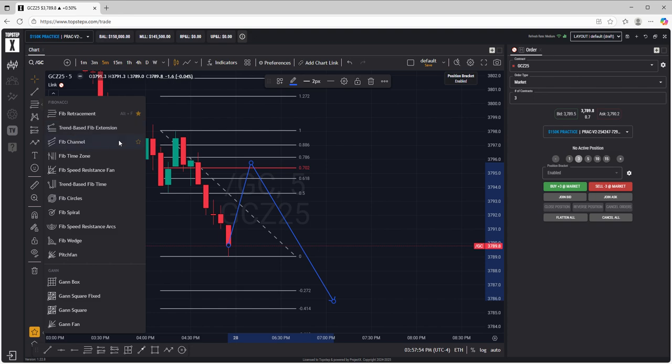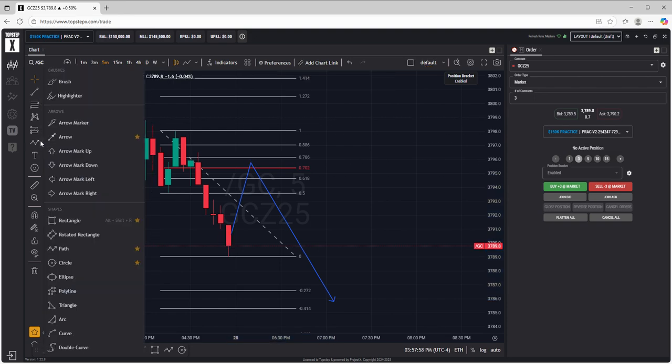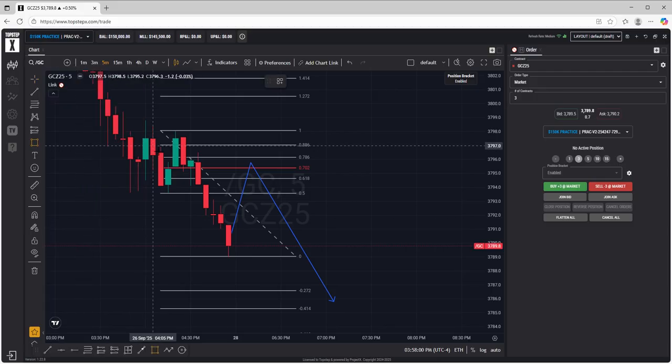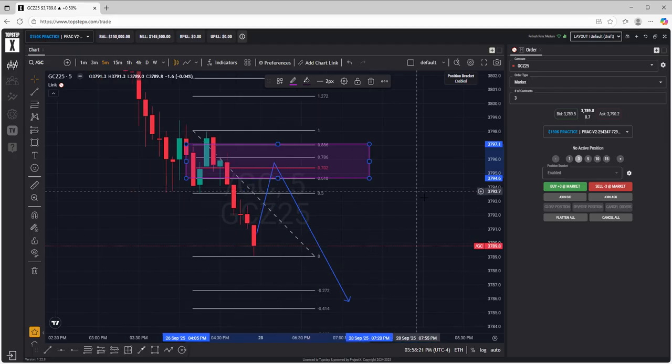So again, let me get my tools out. There we go. The goal is you want price to pull back into the zone, sell when price pulls back into the zone, and then catch that sell all the way down until it makes a new low.